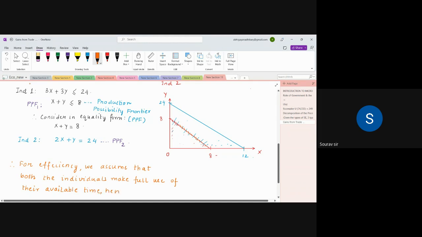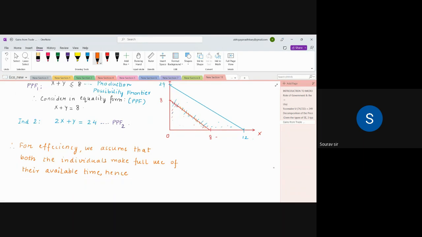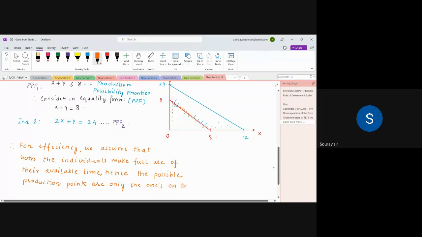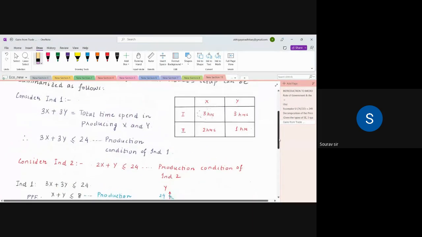Hence, the possible production points are only the ones on the PPF, that is, the straight line. Okay. So this is the first thing. All right.